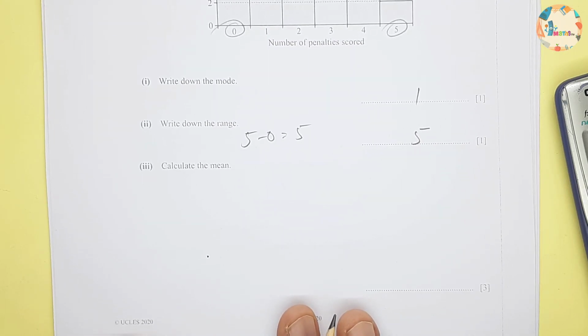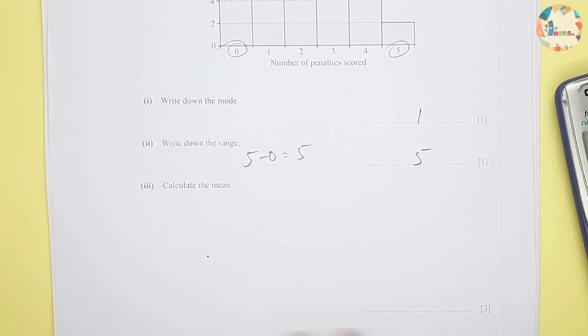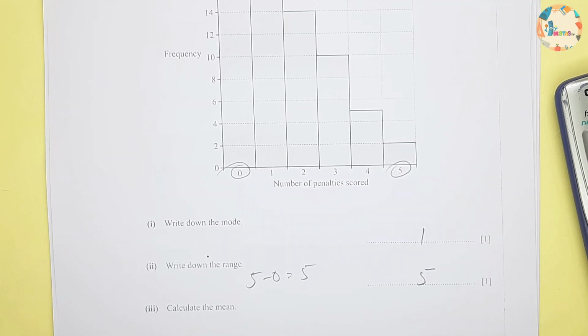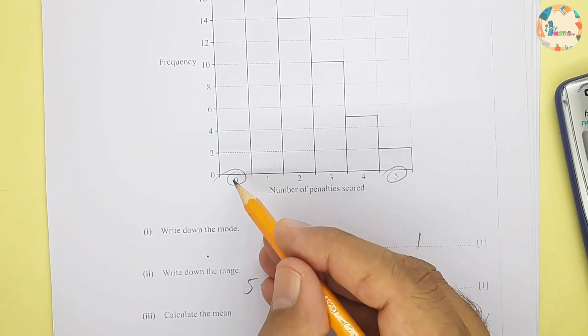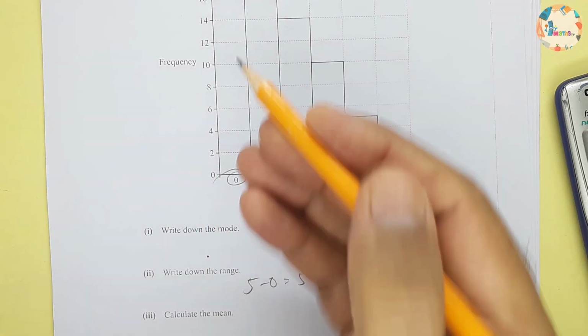Then calculate the mean. To calculate mean, we will be multiplying this number 0 with the frequency.